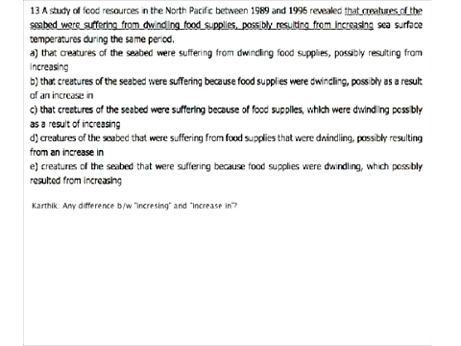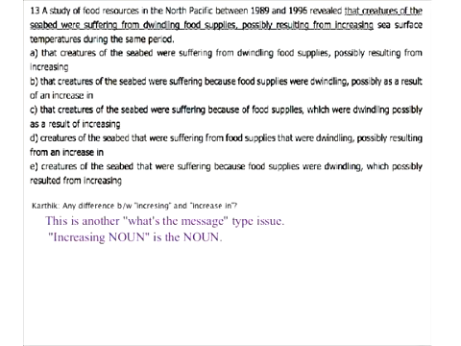This is another what are we talking about kind of thing, another what's the message type issue. It depends on what you're talking about. Increasing is not a standalone word. If you have increasing noun, it is basically the noun. But an increase in the noun is the increase, not the noun.